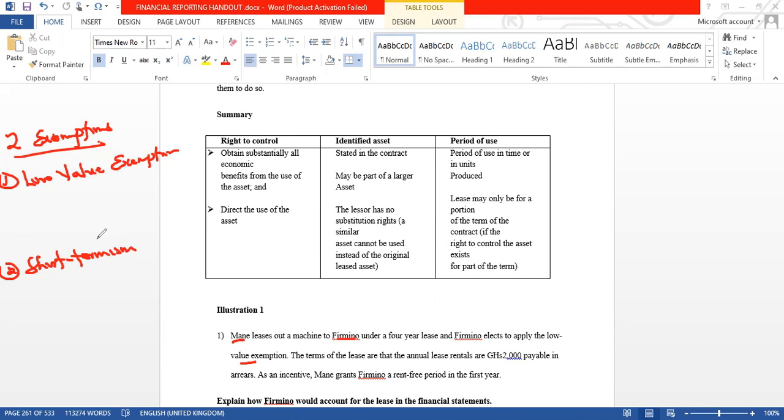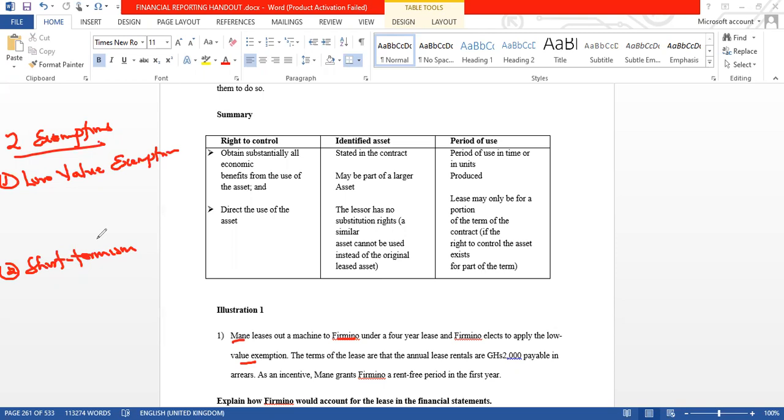Now, what these things are about is simple. When it comes to low value exemptions, the standard is trying to say that it does not actually specify the particular monetary amount below which something should be considered low value, such that you can treat it straight away as not necessarily a lease.